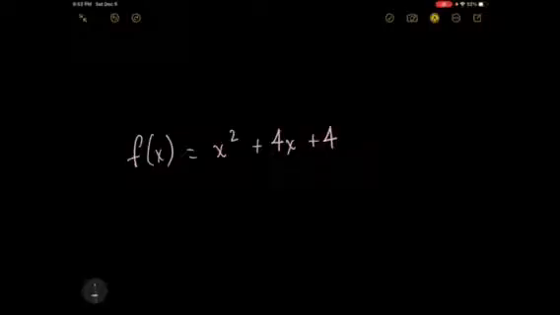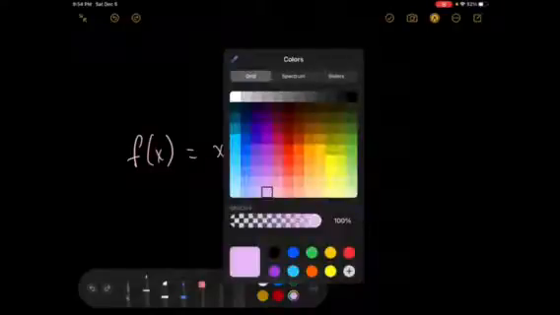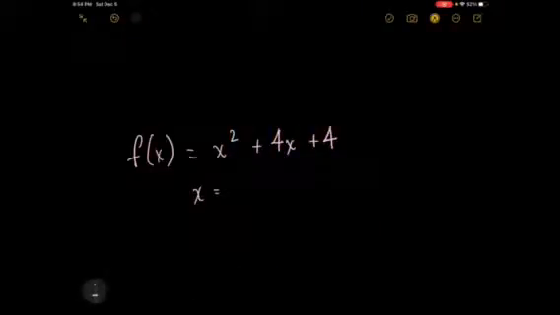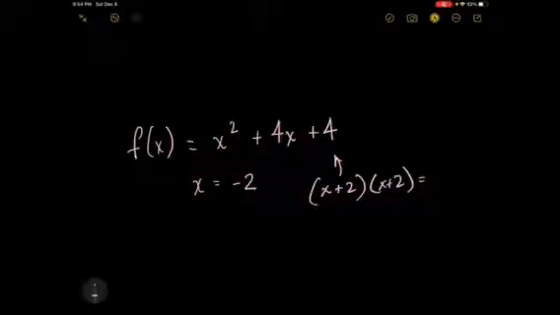Regardless of the method, you would get x is equal to negative 2. The reason being, this is an example of a perfect square trinomial. So this is going to be x plus 2 times x plus 2, which just means x plus 2 squared. So the only real root here is going to be x equals negative 2.